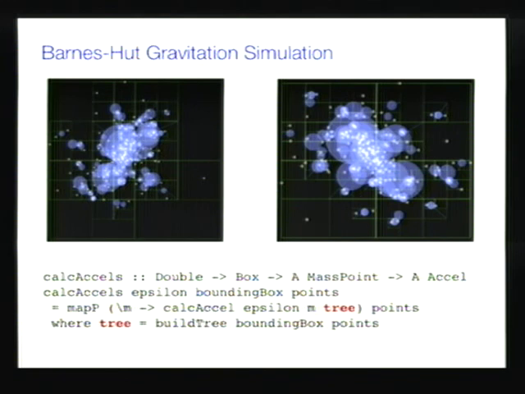What used to happen is that the tree that you computed was captured in the closure of this inner lambda abstraction and then deeply copied for every body. So if there were 1 million bodies in the simulation, then the quad tree was copied 1 million times, which is bad.